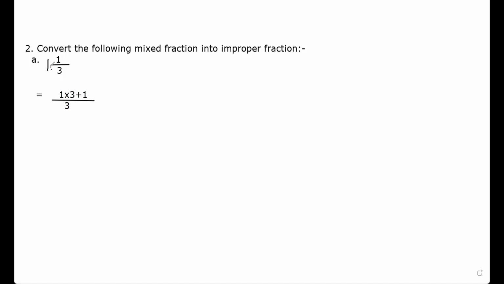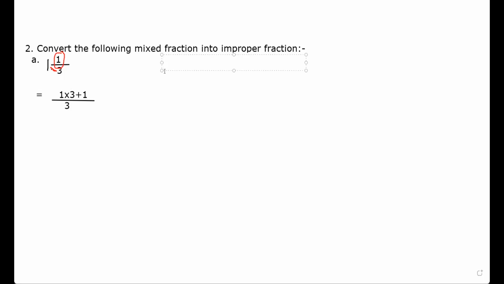I just multiply 1 into 3. That is 1 into 3. And then I add this 1. This is I add the remainder. So you can see that I have to multiply this quotient into the denominator, and then I add this remainder. So the equation is like that.